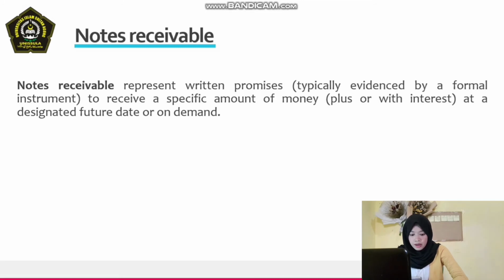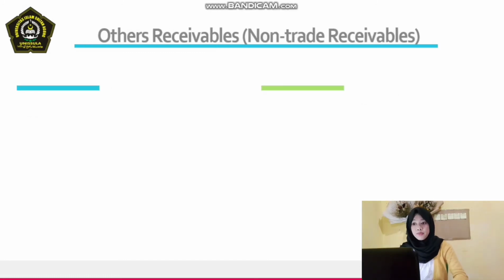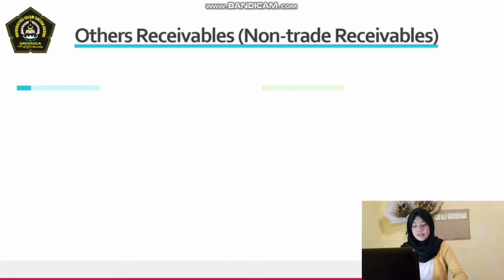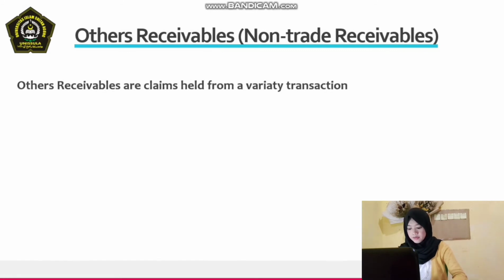Notes receivable may also be secured, meaning the borrower or customer provides the lender or company a claim to a certain amount of its assets, often referred to as collateral, in the event of the borrower's default or failure to pay the note. The third is other receivable or non-trade receivables. Other receivables are claims held from a variety of transactions.